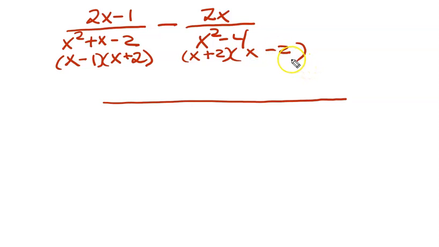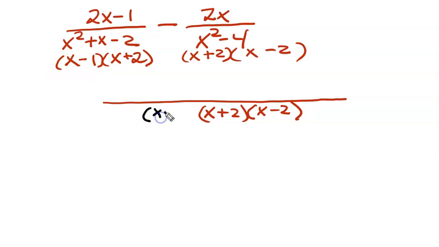Now, what's our lowest common denominator? Well, we look at the factors that we have here. Now we know we need this, so let's write that here. x plus 2, x minus 2. Now notice we have an x plus 2 here already represented. What we don't have, and I'm going to change colors for this just to emphasize, we don't have this one.